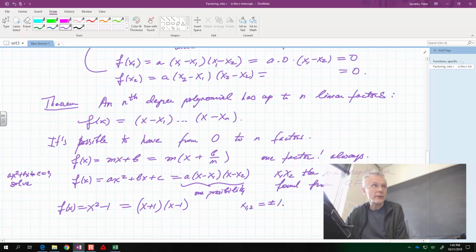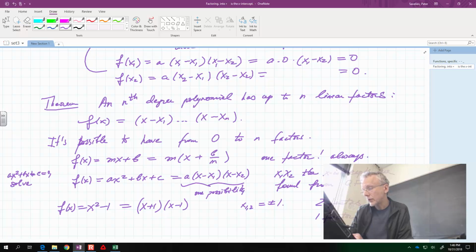And the factors are there. So 2 factors. How many factors can we have other than 2? We can have 1. Can you suggest an example? If it's a square, say x minus 1 times x minus 1.